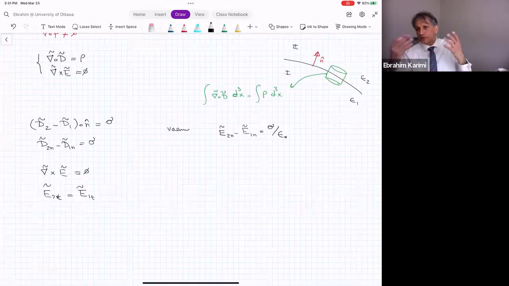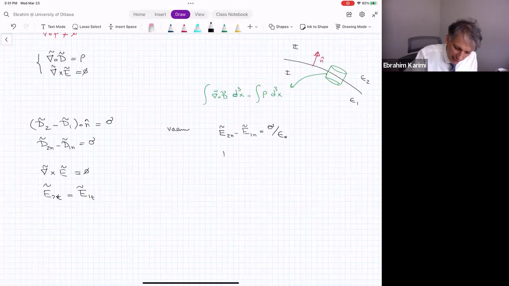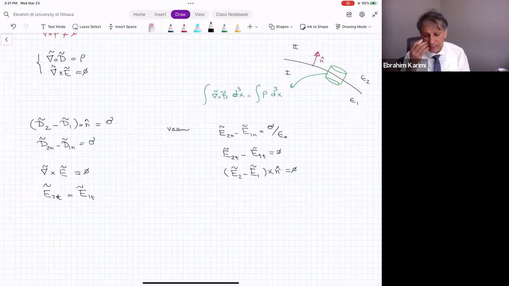Exactly similar to what we had for vacuum. Sometimes people write it as E2 minus E1 cross n is equal to 0, but it's essentially the same. It's the tangent component of the electric field which is continuous.